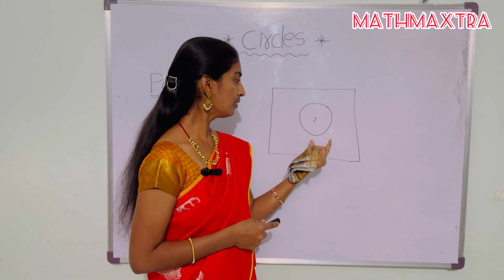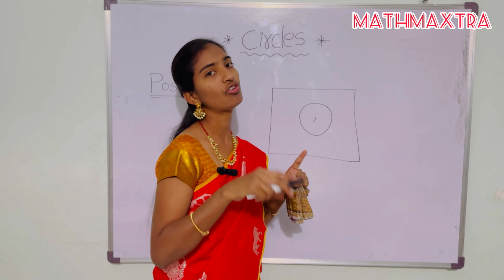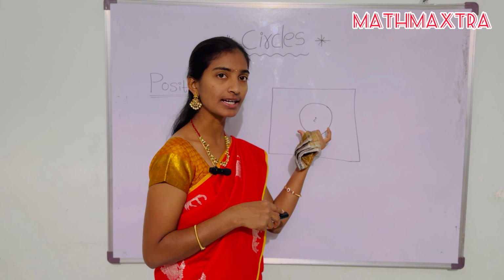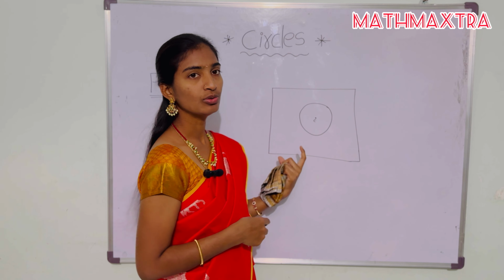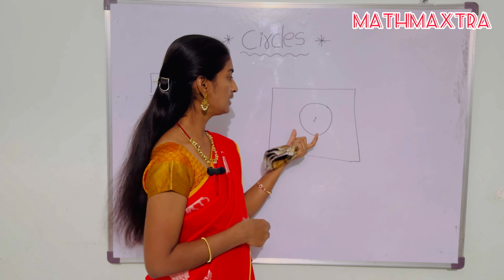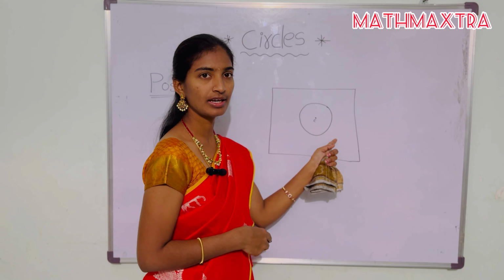In the plane, if you consider any point, we have to decide the position of that point with respect to the circle, because this circle divides the plane into three parts: this is the exterior of the circle, this is the interior of the circle, and the third one is on the circle, which is the boundary of the circle. So these are the three different positions we have with respect to a circle.